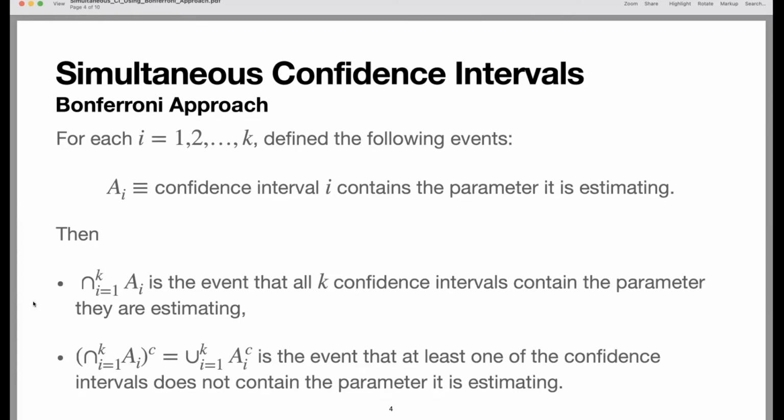Then the intersection of those events is the event that all k confidence intervals contain the parameter that they are estimating. The complement of that, which is the union of the complements of these individual events, is the event that at least one of the confidence intervals does not contain the parameter it's estimating.